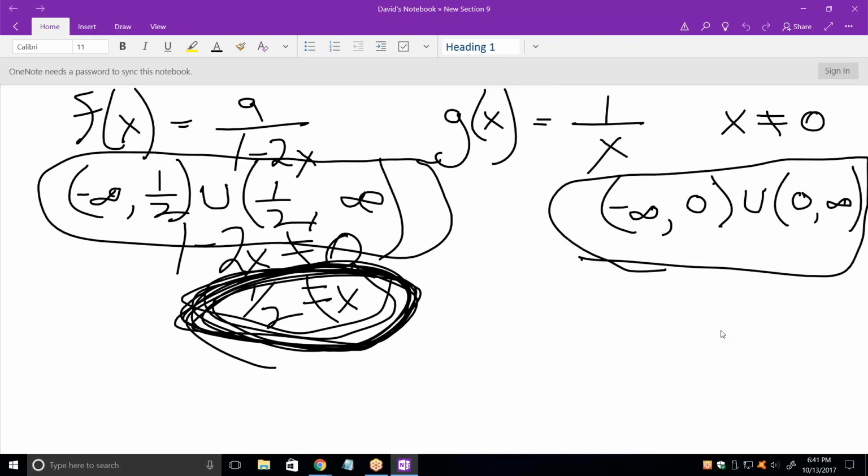A lot of times when they make a composite function, when you do f of g, it's a different domain. But one of the key things to remember is that you always use the more restrictive domain. If f of x has a restrictive domain and g of x has a restrictive domain, and yet f of g of x does not, I have to use the restrictive domain.